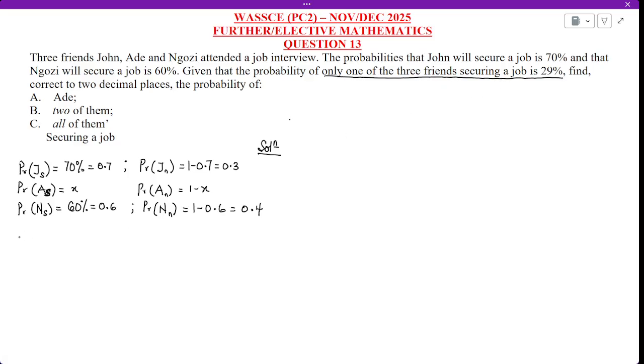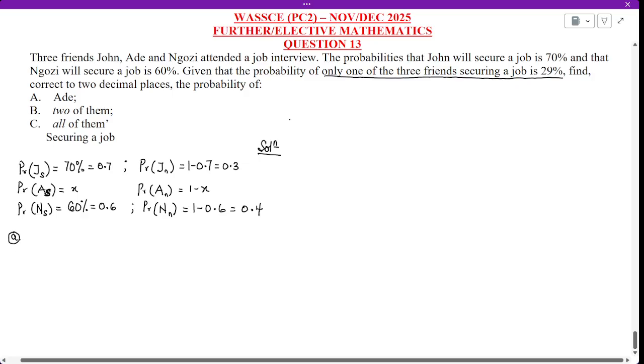So we are supposed to find that of Ade, whom we are representing with X. Let's start with question A. The probability that only one secures the job has been given in the question as 29%, which is the same as 0.29. So let's see how to get the probability that only one of them will secure the job.